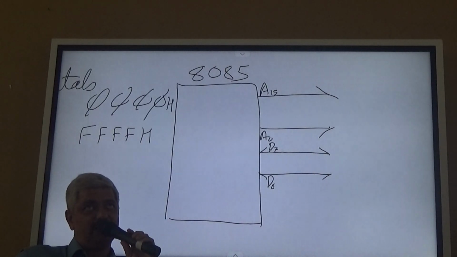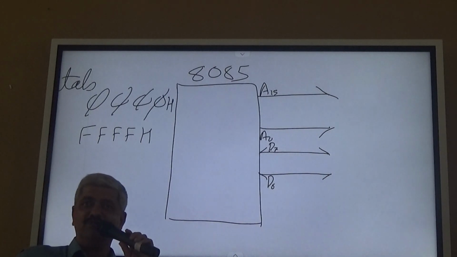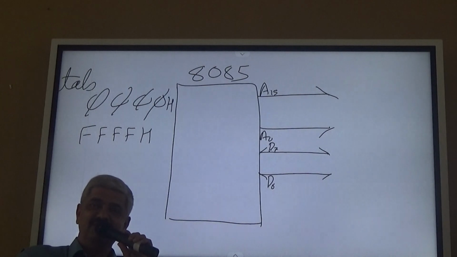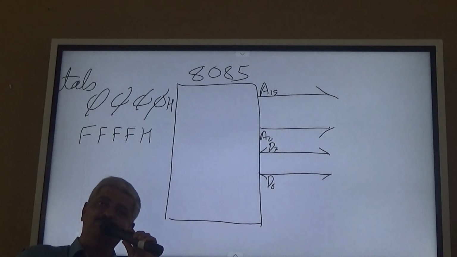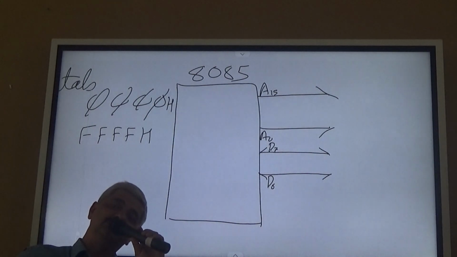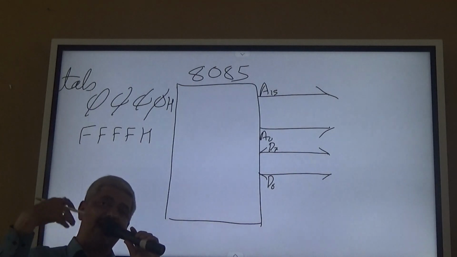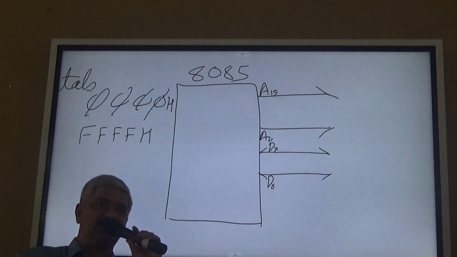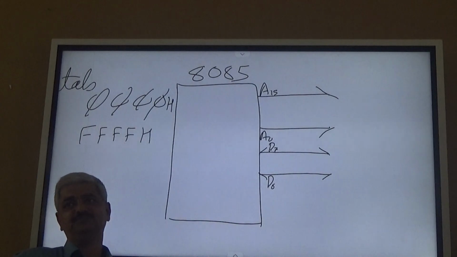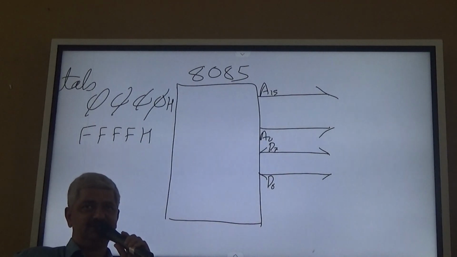Outputting on unidirectional lines is okay because these are output lines. But when I output something on bidirectional lines, what care must be taken? These are bidirectional lines.